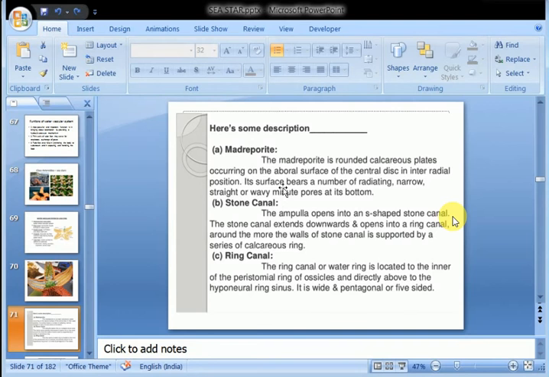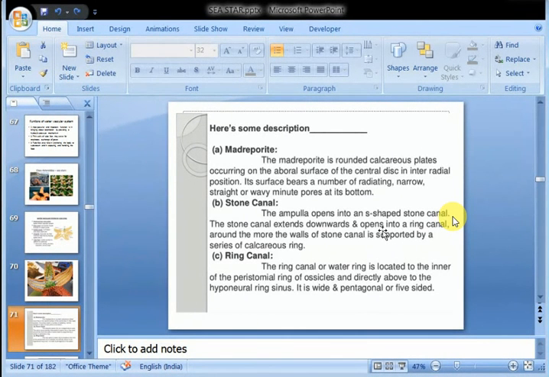That is a common sac, and it collects water from these minute pores, right? So these pores have smaller canals, and then the canals open into this sac-like structure or ampulla. So the ampulla opens into this S-shaped stone canal.